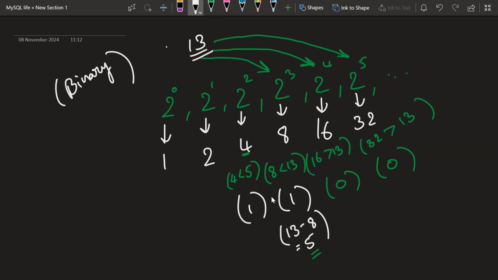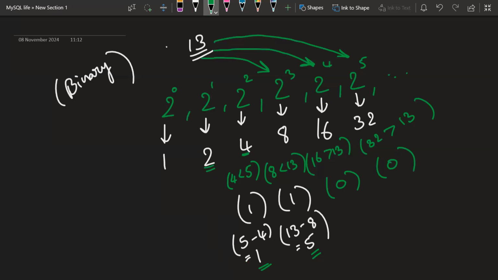Now, after placing it as 1, we have to do some subtraction here. What is the subtraction here? We have to subtract 4 from 5. Then we would get 1. Now we have to compare this number 1 with the other numbers that is 2 and 1.